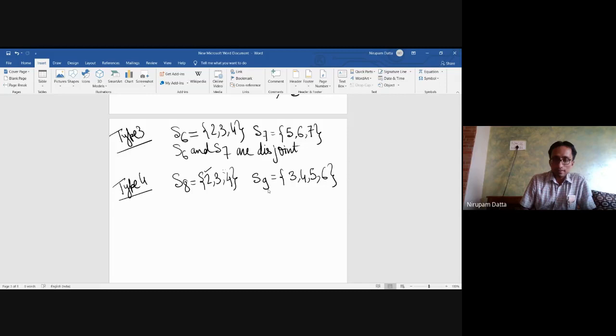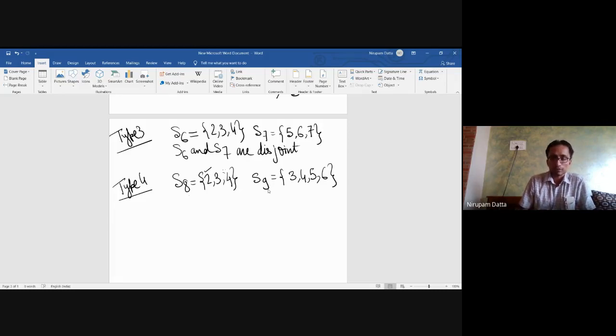So that means S8 is not a subset of S9. Now, S9 contains at least two elements, 5 and 6, that are not contained in S8. So S9 is also not a subset of S8. So the type 2 relationship is also rejected.